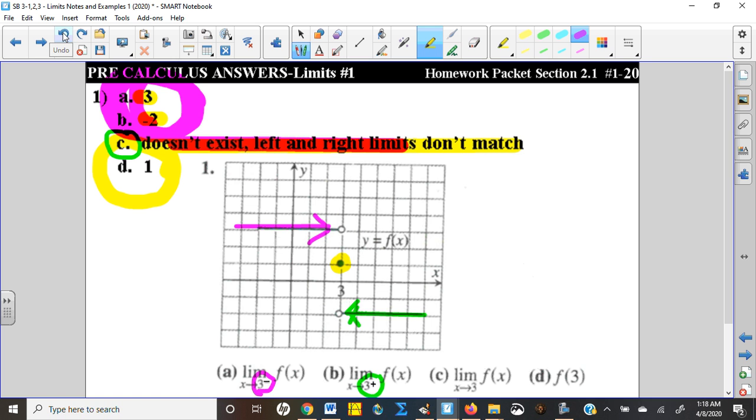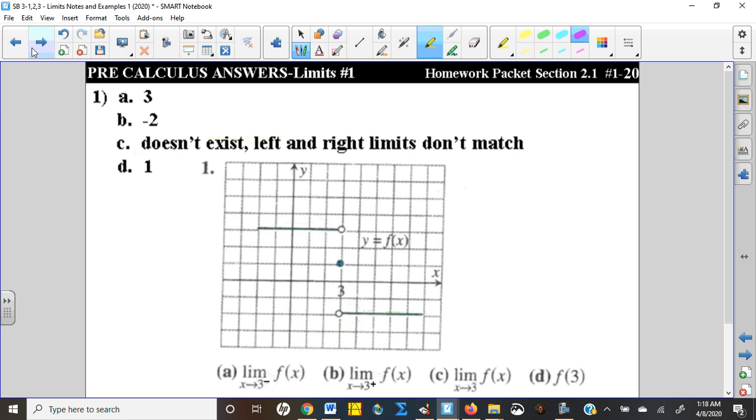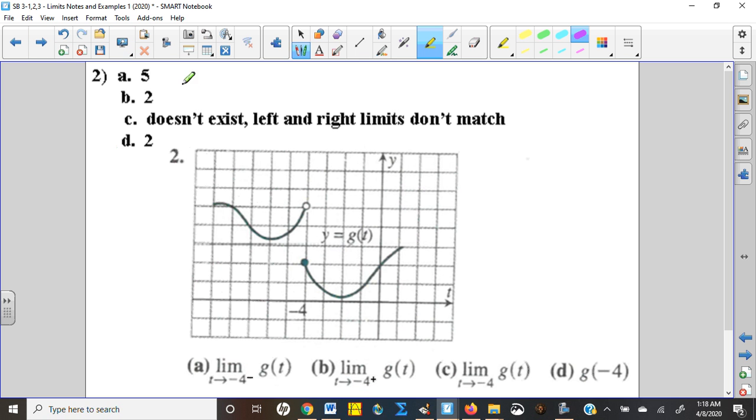I won't go through the other 5 problems quite as slowly, but just to talk you through a review of what we were discussing yesterday. Number 2, what's happening as I approach negative 4 from the left?